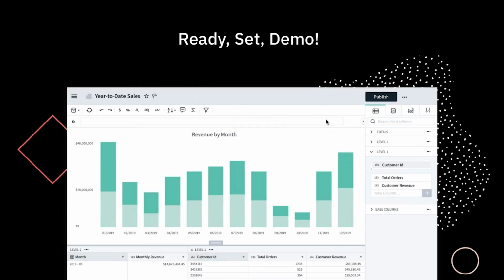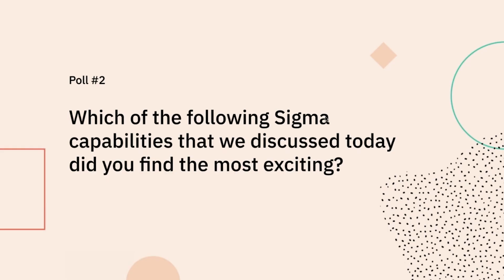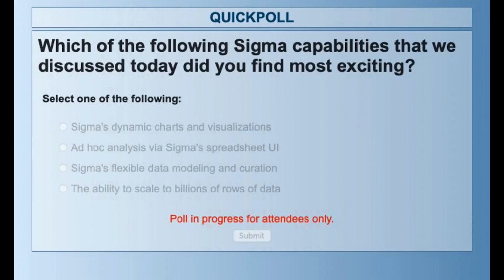All right, thank you so much, Kristian. That was great. So let's go ahead and jump into our second and final poll. Now that you have seen Sigma in action, which of the following Sigma capabilities that we discussed did you find the most exciting? So let me launch this. Take a minute to answer.